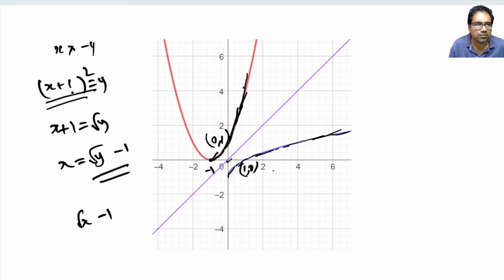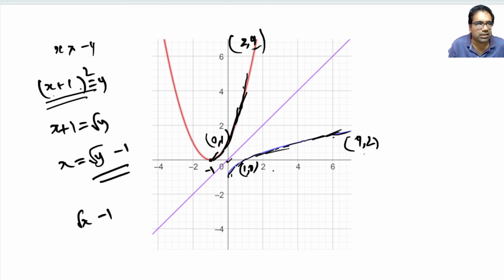When x equal to 2, 2 plus 1 whole square is 3 square, so 2 and 9. The graph will be here somewhere, and 9 and 2 will be here. If x, y is here, then y, x will be here. That is this graph, the graph of the inverse.